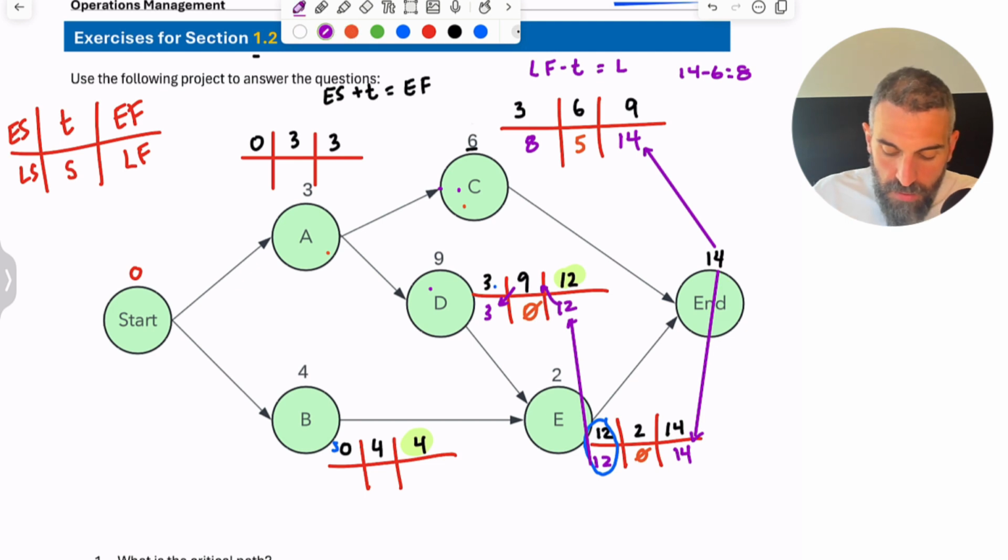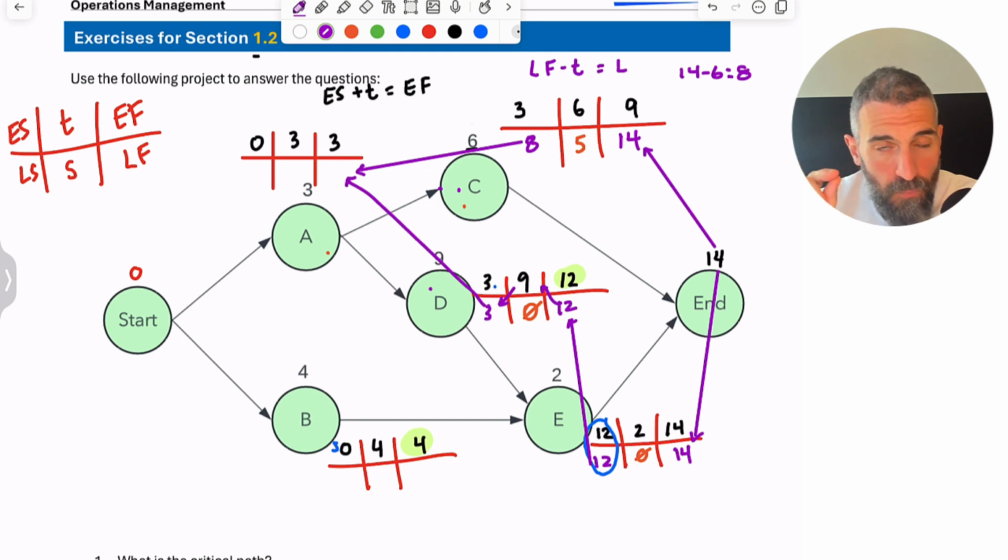Now we can do A. So you have to decide: am I passing back the 3 or am I passing back the 8? When you're passing backwards, listen up, you pass back the smaller number. When we were passing forward and had to pick between two, we passed forward the higher number.